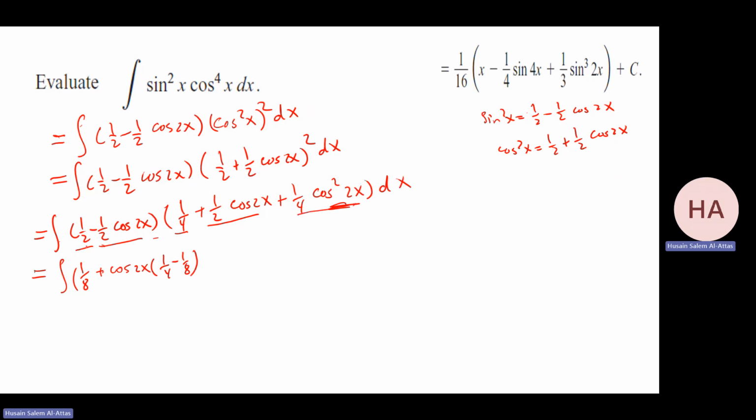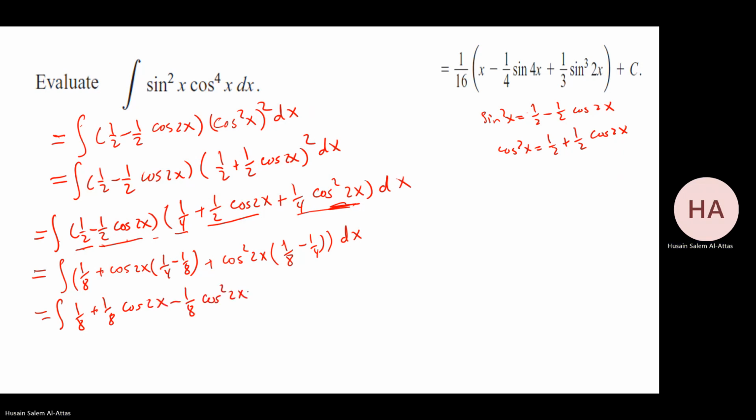Cosine square comes from the constant times cosine square, and cosine 2x times cosine 2x. So I have plus cosine square 2x times 1 over 8 minus 1 over 4. Close this dx. Am I ready? No, not yet. That will be 1 over 8 plus 1 over 8 cosine 2x minus 1 over 8 cosine square 2x dx. Not ready.